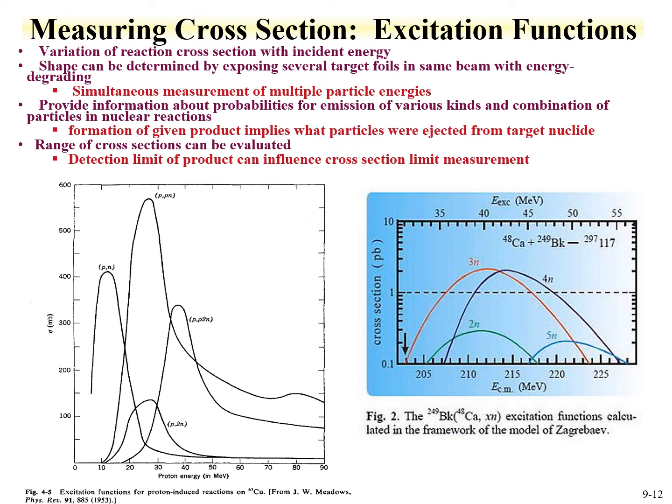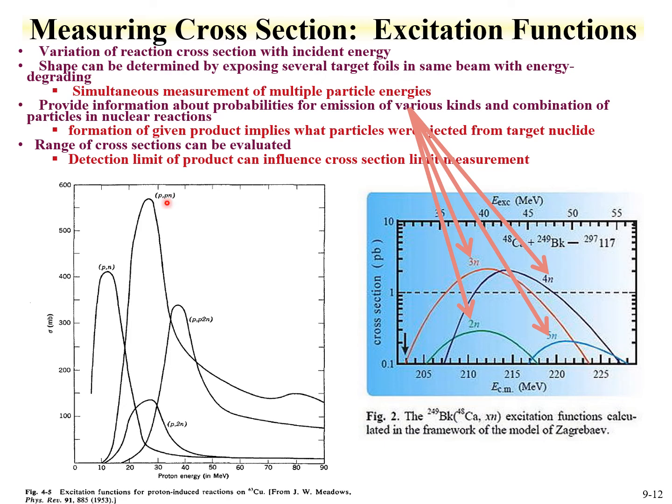So we can provide that for a reaction with many different outcomes or different particle outcomes, for instance a proton or a neutron. And here's an example of a reaction where we just get 2, 3, 4, or 5 neutrons out.